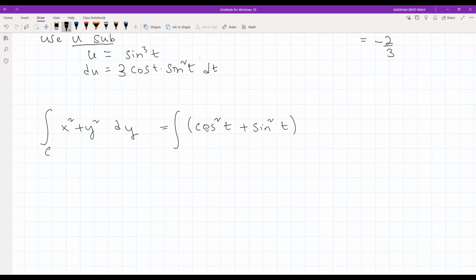Okay, so this corresponds to x squared, this corresponds to y squared. Okay, and then dy. So y is sine t, so dy is cosine t dt.